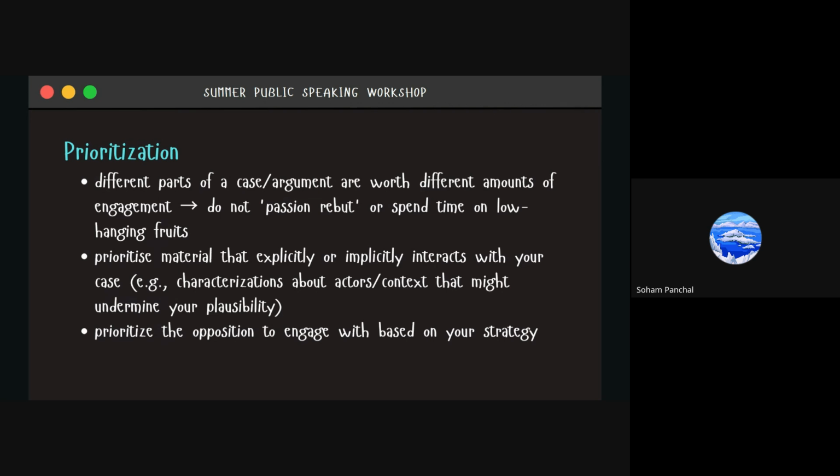And one way to avoid this is, as I mentioned, to avoid reverting instinctively. Because when you respond in the adrenaline of the moment, you waste your time on small, not very significant arguments.